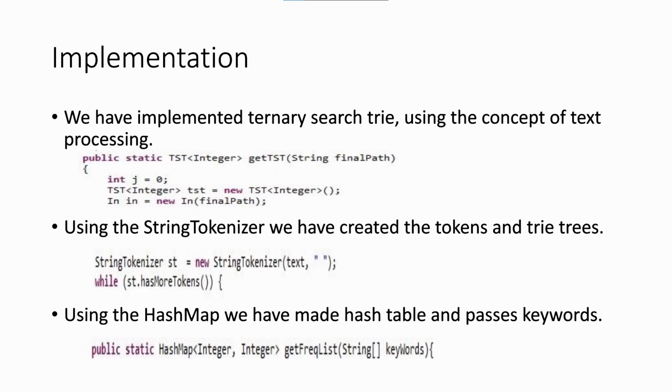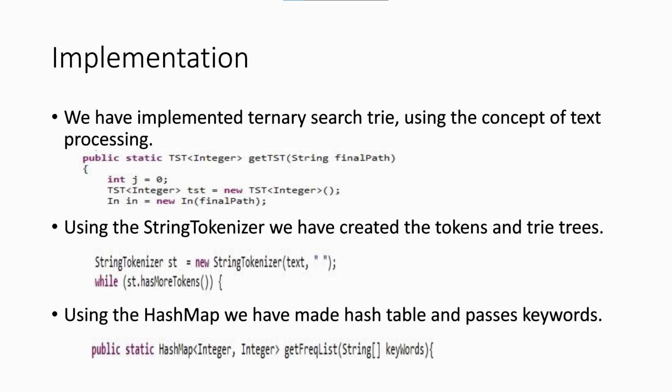Now, in the implementation part, utilizing the classroom teaching of text processing concepts, we have implemented a ternary search tree using the TST integer function. Further, in line 93, we can see that we have used the string tokenizer, which creates tokens and tries.